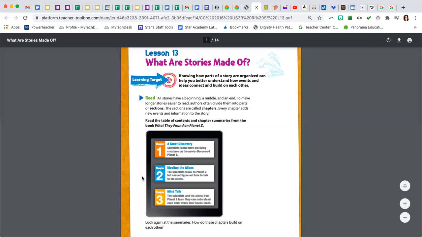The scientists travel to planet Z but cannot figure out how to talk to the aliens. And in the yellow chapter 3, it says mind talk. The scientists and the aliens from Planet Z learn they can understand each other when their heads touch. So, look again at the summaries. How do these chapters build on each other?